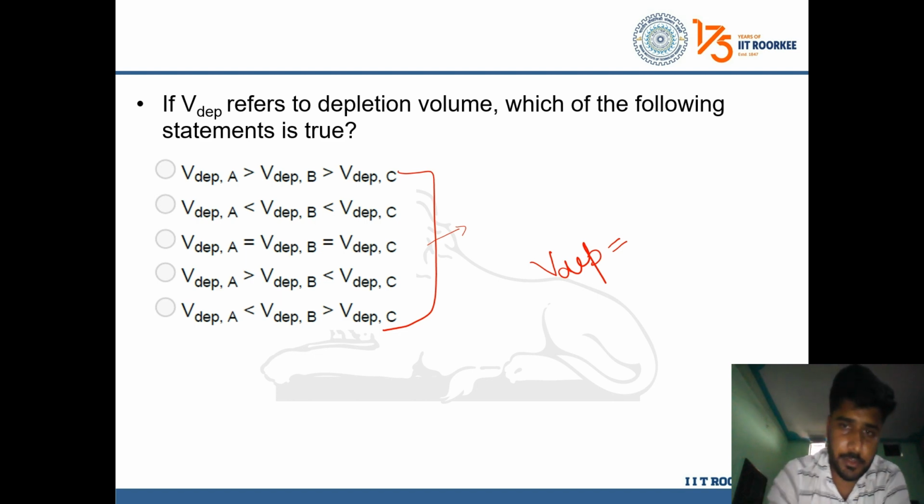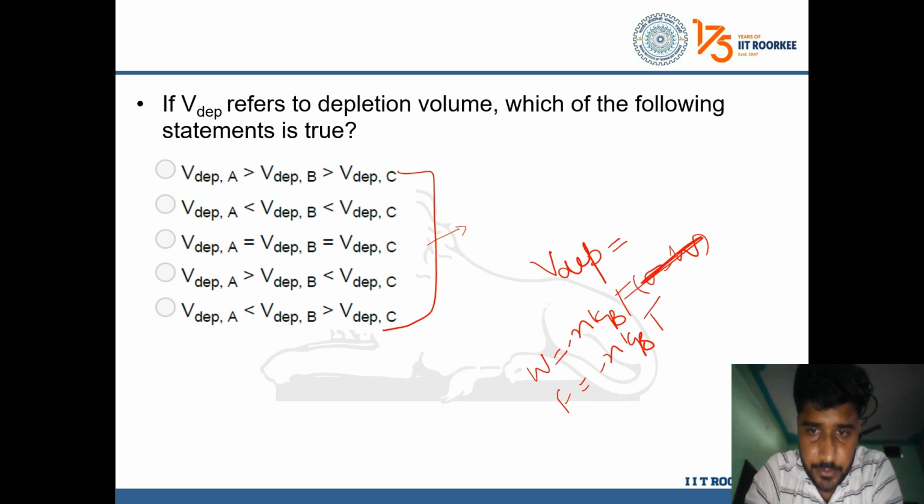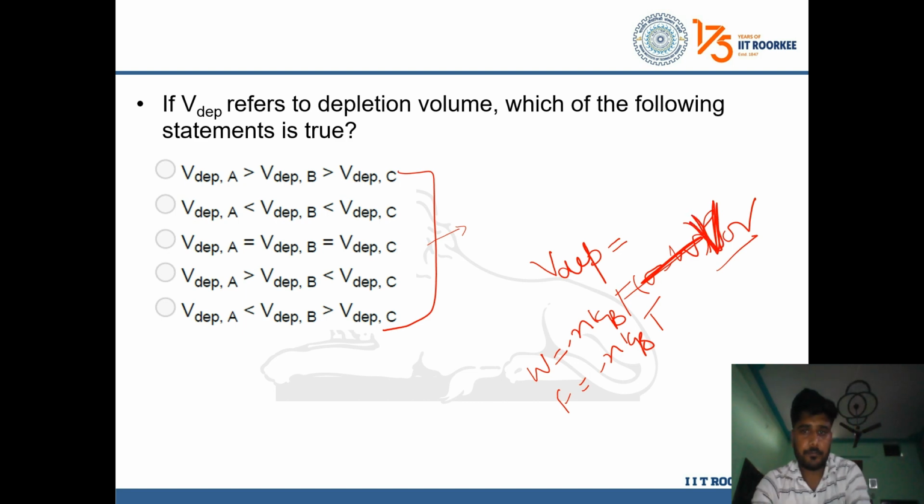For the depletion volume, if you know the formula, that is minus n kBT, or in the force, that is kBT, p over v. So the potential will be greater where the depletion volume will be more.